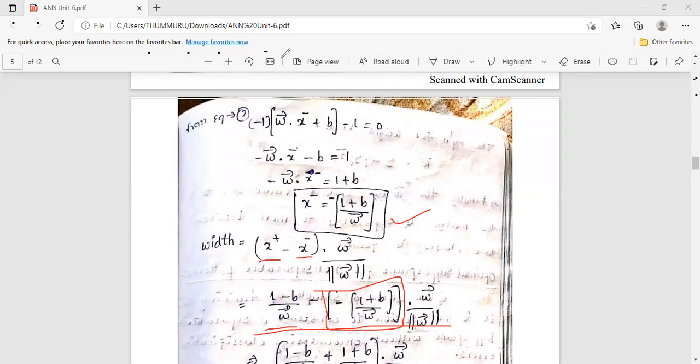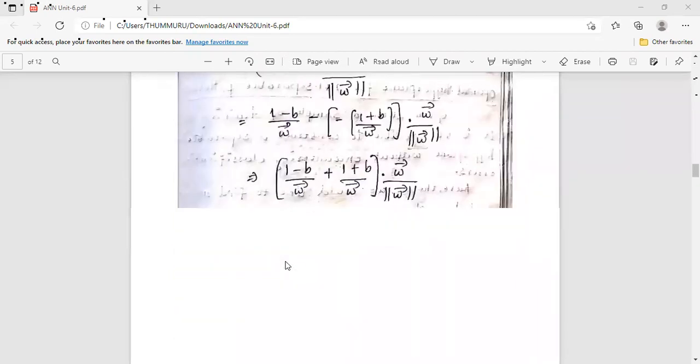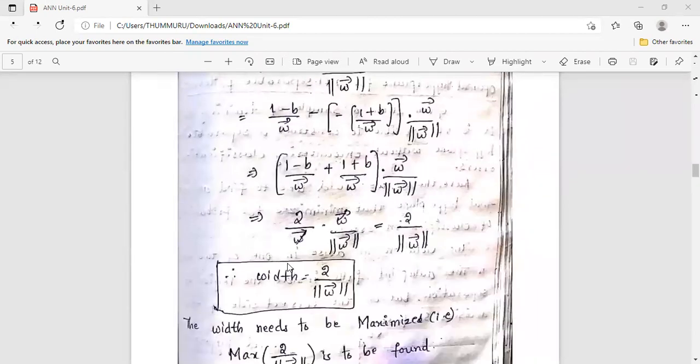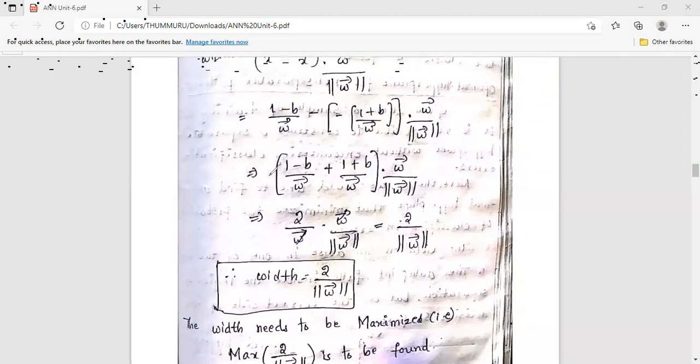After substituting, you will get 1 minus b by weight vector plus 1 plus b by weight vector, into weight vector by the norm of the weight vector. Finally, it can be calculated as 2 by weight vector into weight vector by the norm of weight vector.